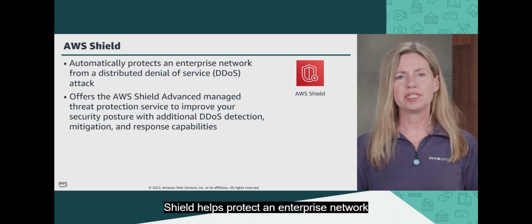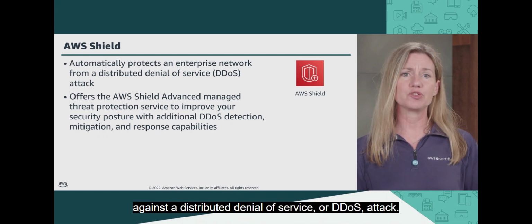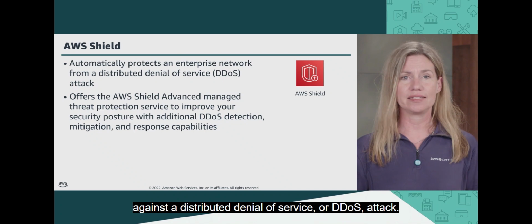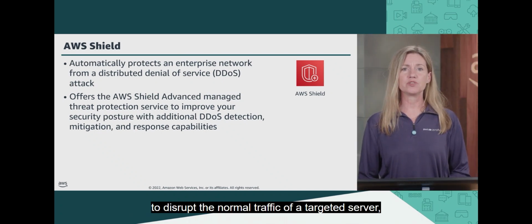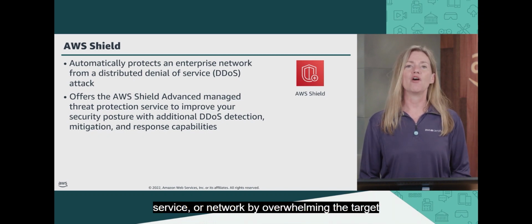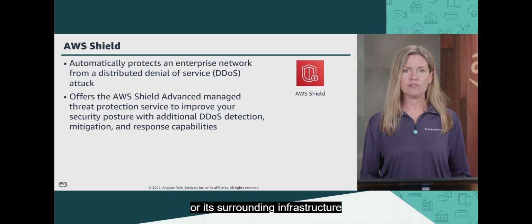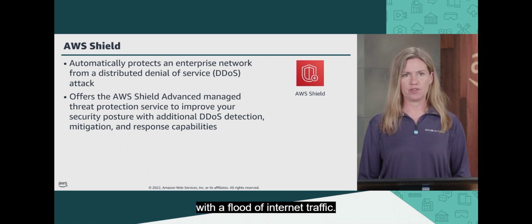Shield helps protect an enterprise network against a distributed denial of service, or DDoS, attack. A DDoS attack is a malicious attempt to disrupt the normal traffic of a targeted server, service, or network by overwhelming the target or its surrounding infrastructure with a flood of internet traffic.